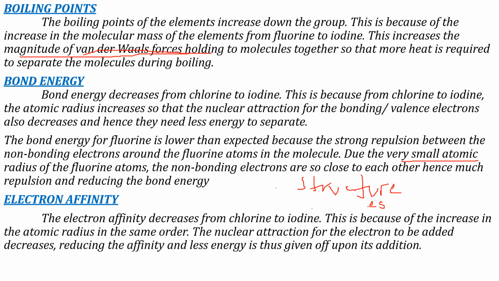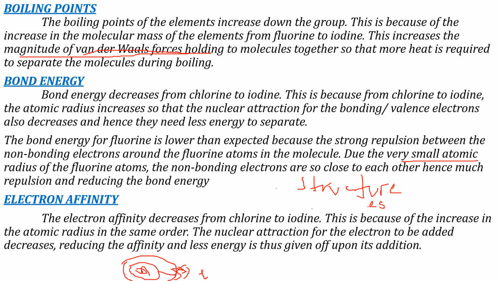Remember, as atomic radius increases, that means that we are adding completely filled energy levels of electrons. So you find that this is the nucleus, and the incoming electron is going to experience more repulsion by the electrons present on these energy levels here than the nuclear attraction which is present here, due to the increase in atomic radius.